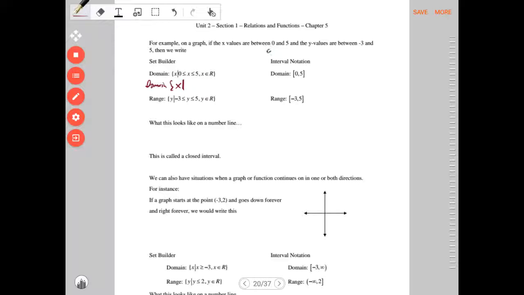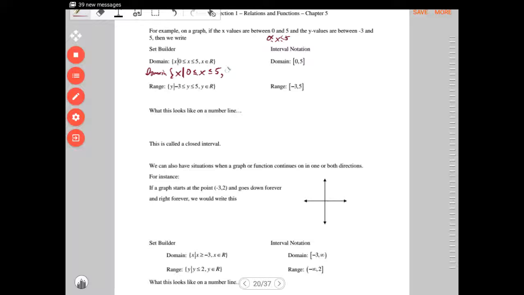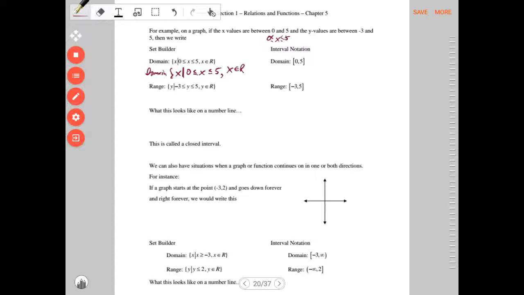So if we go 0 and 5, let's just put the x in between them. Okay, and x is bigger than or equal to 0, but smaller than or equal to 5. So 0 is less than or equal to x, and x is less than or equal to 5. Okay, then we have a comma, and we say that x is an element of the reals. So it's all the real numbers. It's continuous, all the numbers in between 0 and 5. Okay, and then we end with our curly bracket again.